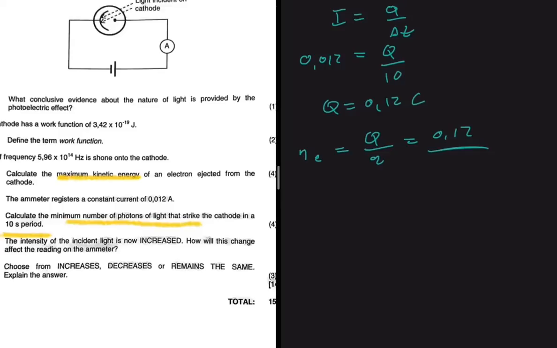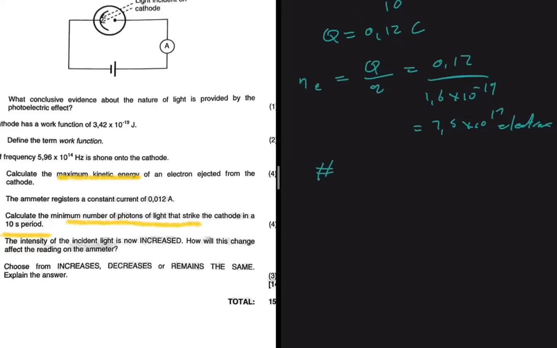The charge of an electron is 1.6 times 10 to the minus 19. So our answer here should be 7.5 times 10 to the 17 electrons, right? So the minimum number of photons is also equal to 7.5 times 10 to the 17.